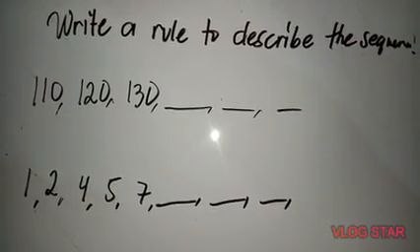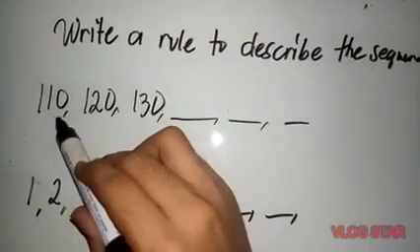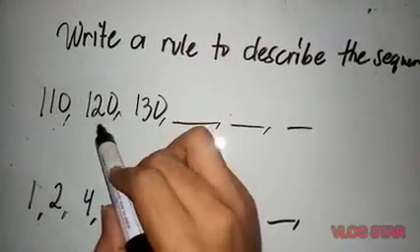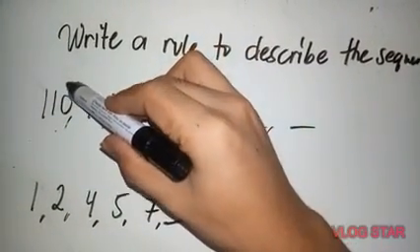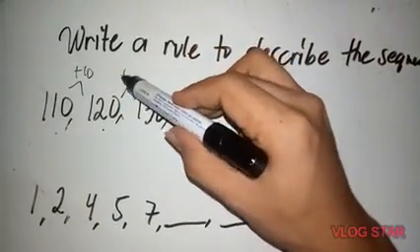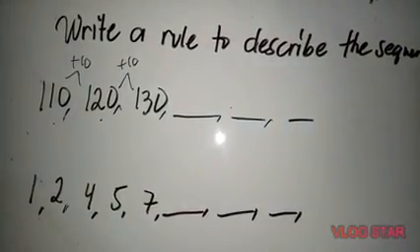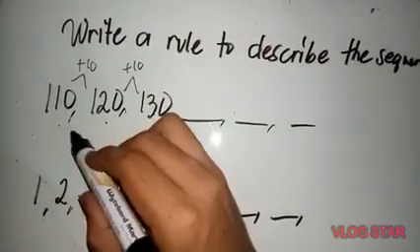Next example is write a rule to describe the sequence. Our sequence is 110, 120, 130. You can see that it is just increasing by 10. So in our rule, of course, we should describe it by the start.